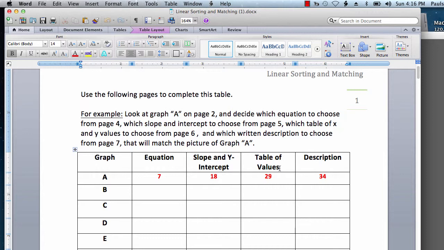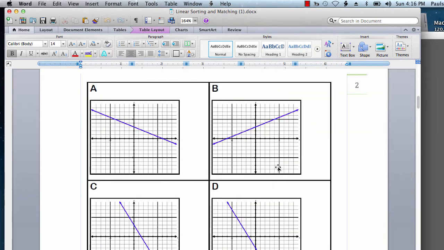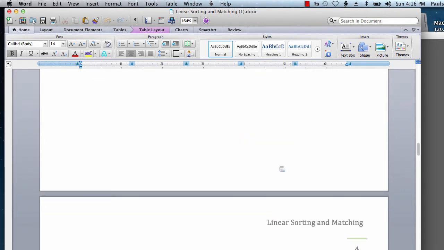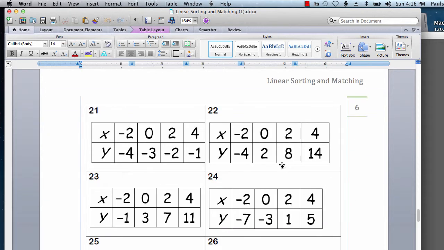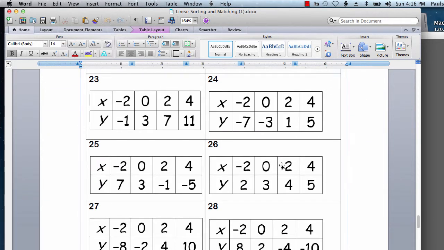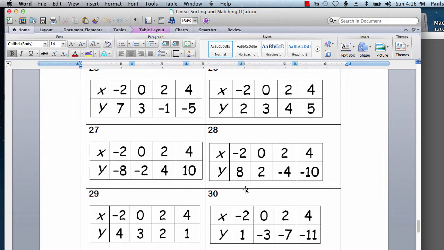So, table of values. According to this answer, 29 is our table of values. Well, you don't know what the answer is, so that's going to be this. What they're telling you is if we plugged in values negative 2, 0, 2, and 4, which they do for all of these, let's see what your y values are.